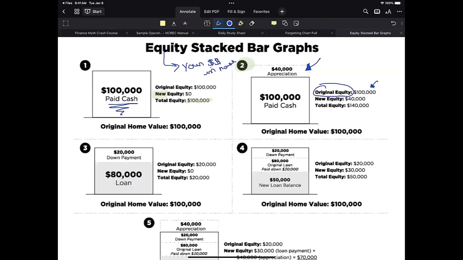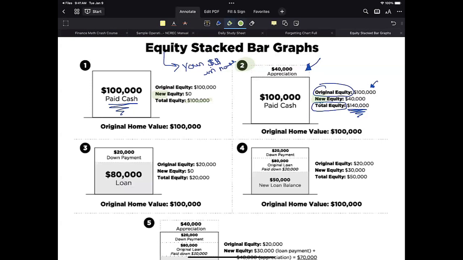Well, if you sell it after that, you would actually take home a check for $140,000. Your total equity would be $140,000. You would get to take every single penny of that home because you don't owe the bank anything. But the breakdown of that is $100,000 is original equity, but $40,000 of that was new equity.